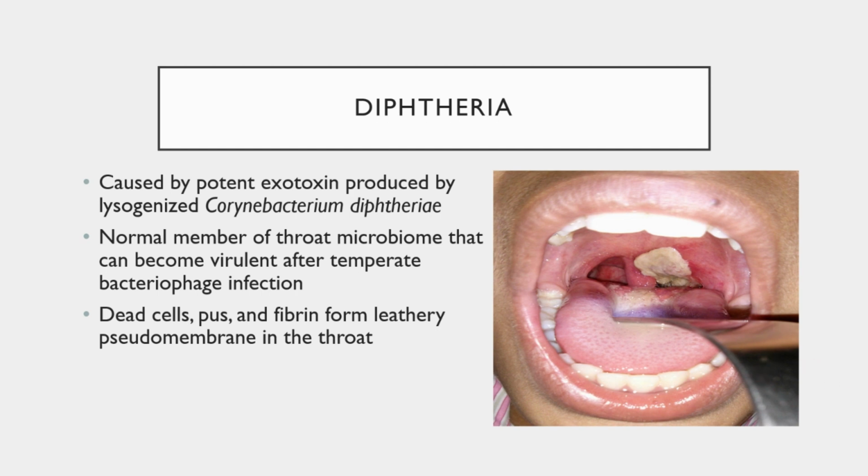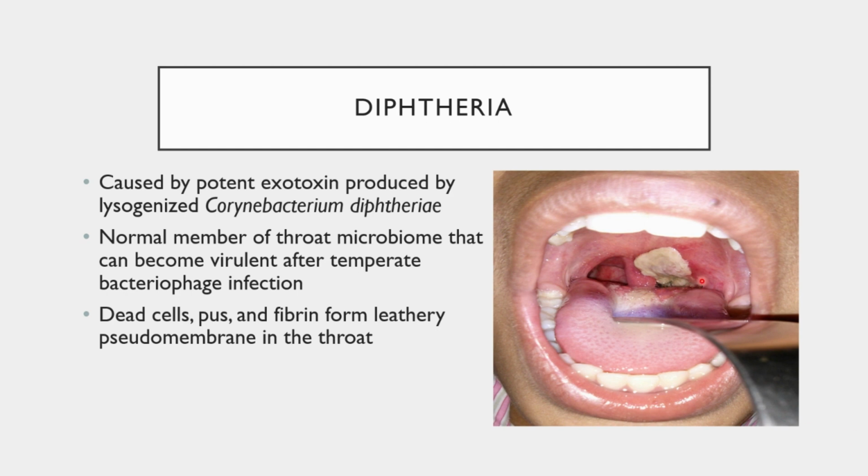So the exotoxin produced by these bacteria is extremely potent. It will kill the cells in your mucous membrane of your throat, and then those cells sort of merge with the inflammatory pus that's been produced and your fibrin connective tissue to form this material, this pseudomembrane.